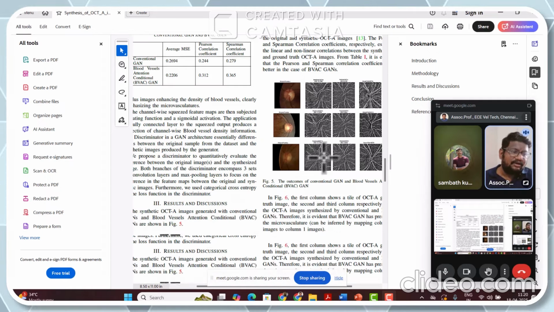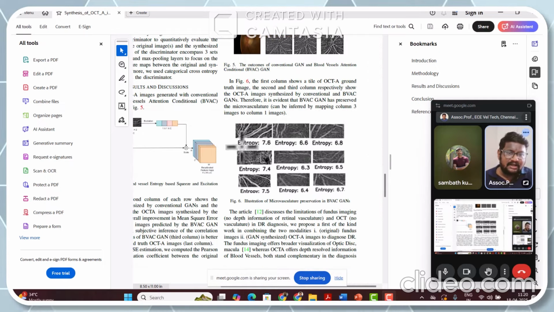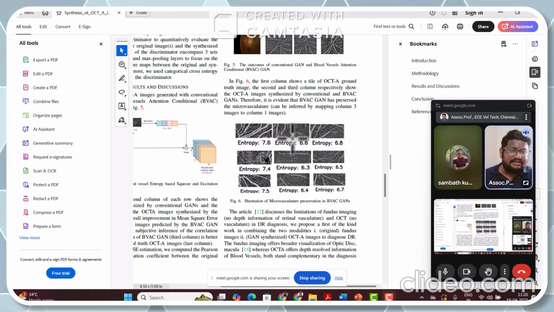So this is the entropy of the actual image, and the entropy of a small portion, a tile of the image, is 7.6. If we go for a general GAN, how much does it preserve, versus our GAN, where we have defined a blood vessel adversarial loss. Based on that loss, we are able to preserve the finer blood vessel details much better. Doctors call it the microvasculature.